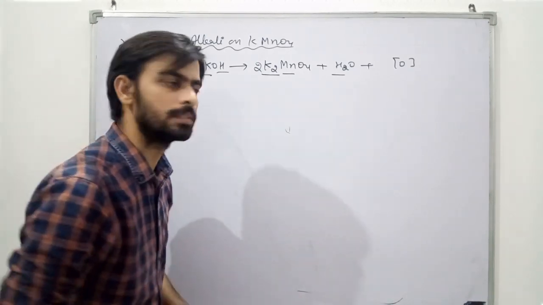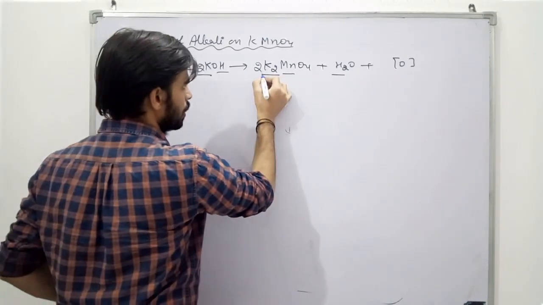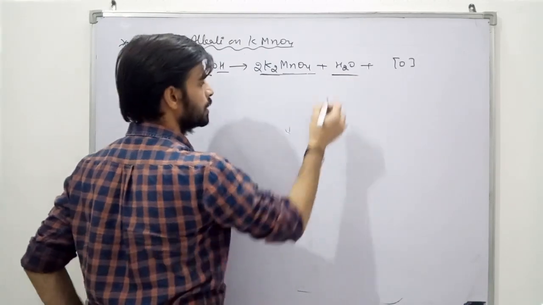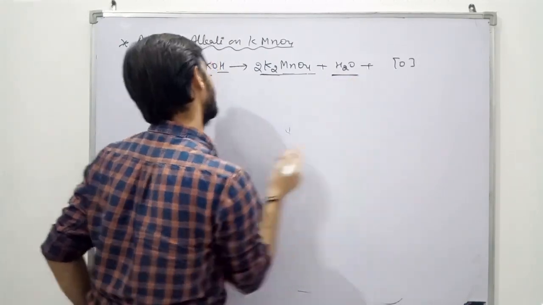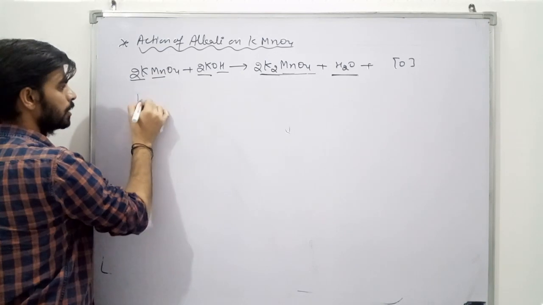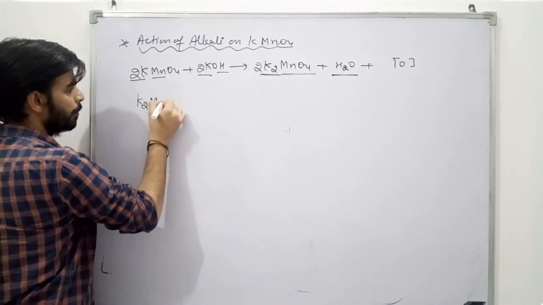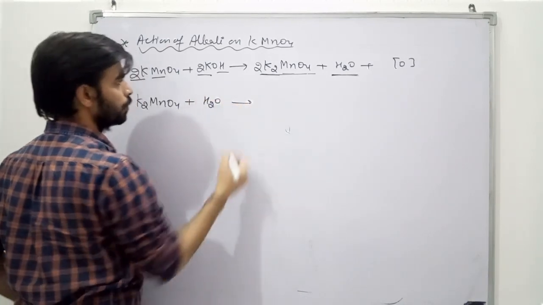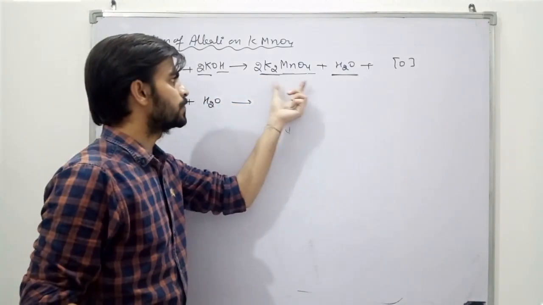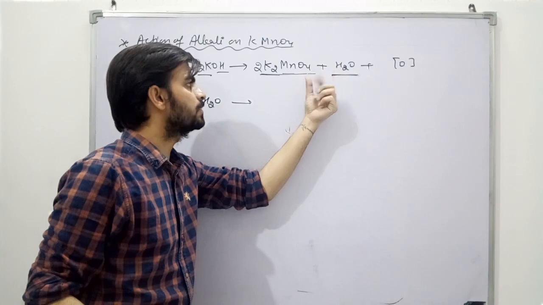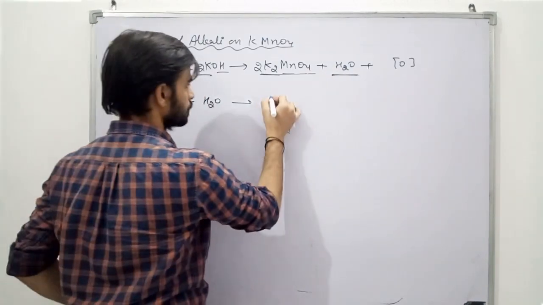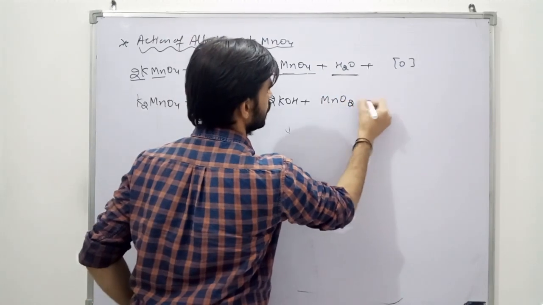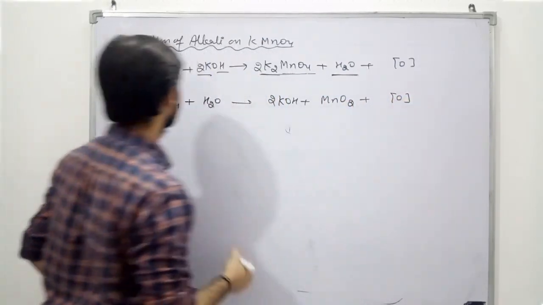But now we can see that potassium manganate, when treated with H2O, again reacts. As potassium manganate is formed along with water, both react with each other and form KOH plus manganese oxide plus oxygen.